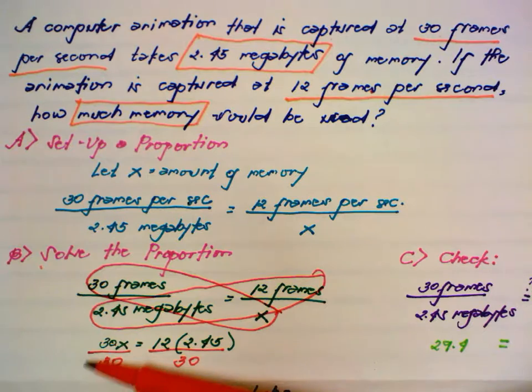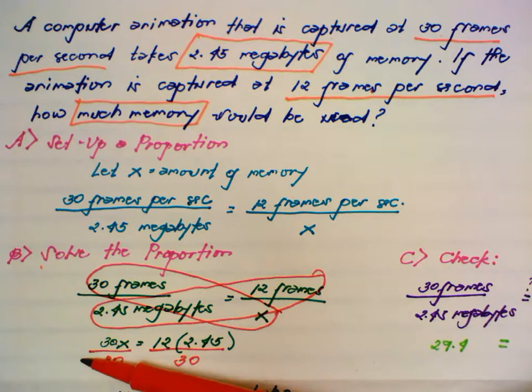Since you're trying to solve for X, you want to isolate X, so I have to divide both sides by 30.